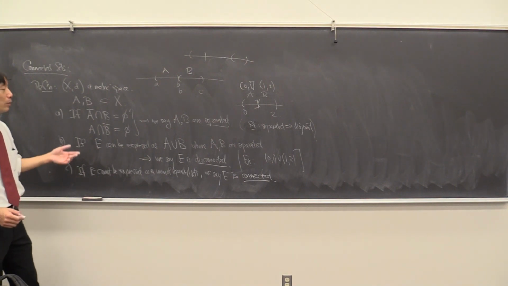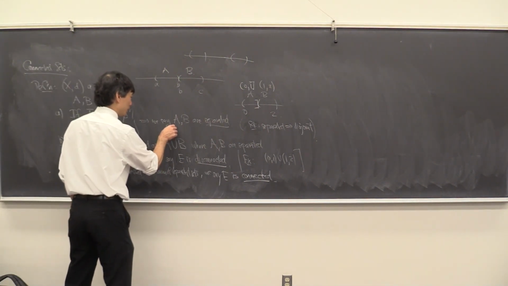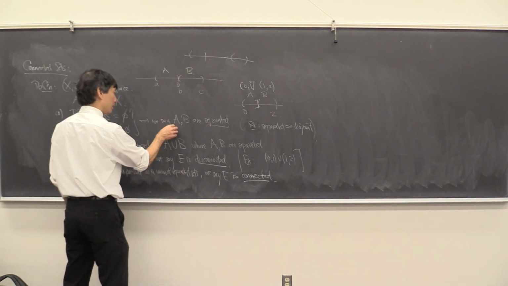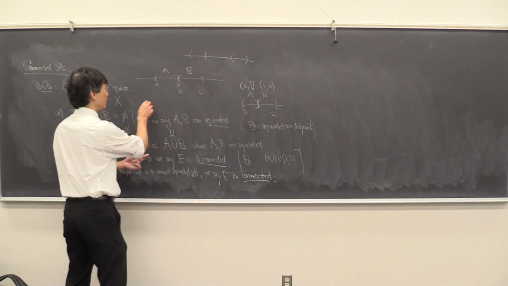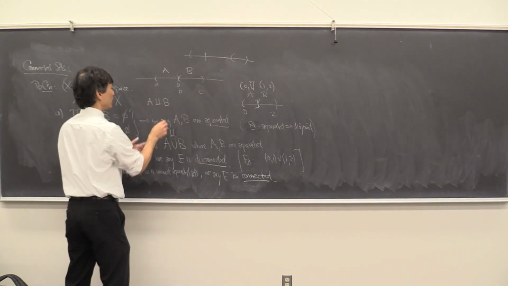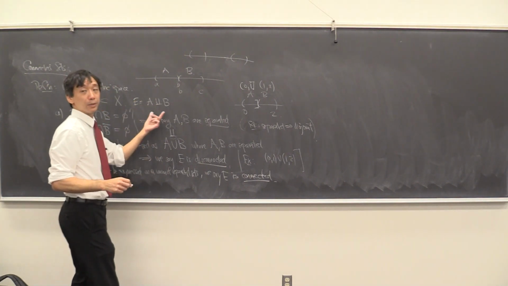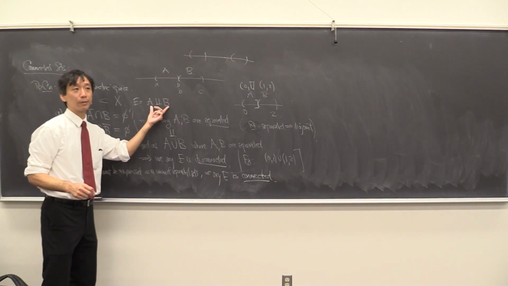So they're disjoint. One notation that I occasionally use is this, which people use to indicate a disjoint union. So if you see me write this, it means E is a disjoint union of these two sets: it's the union, and these are disjoint from each other.